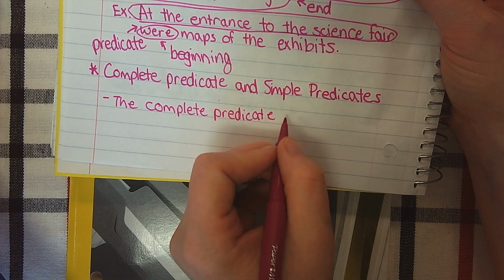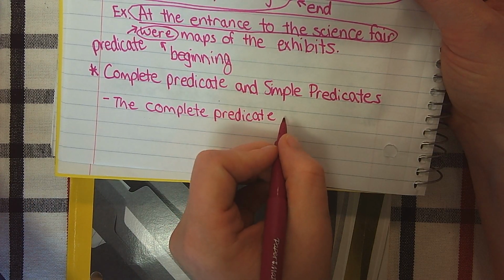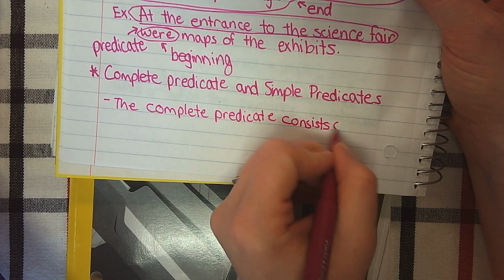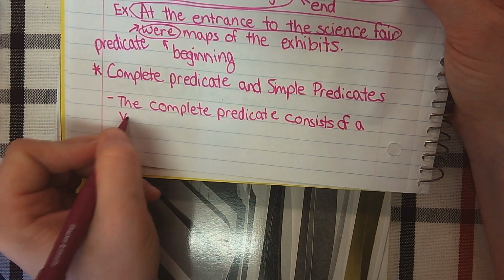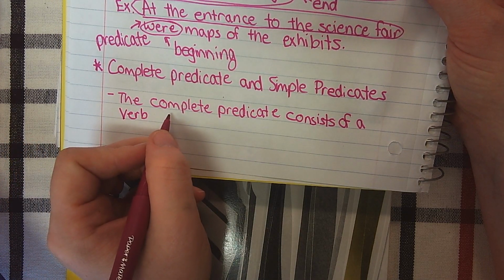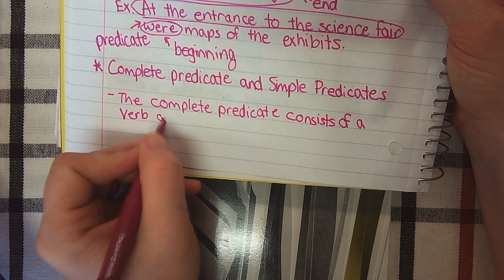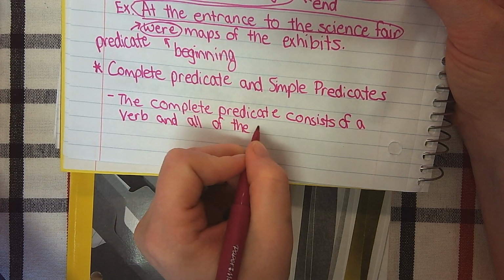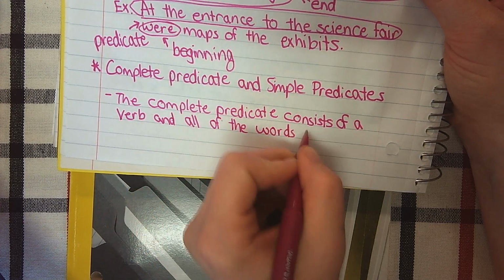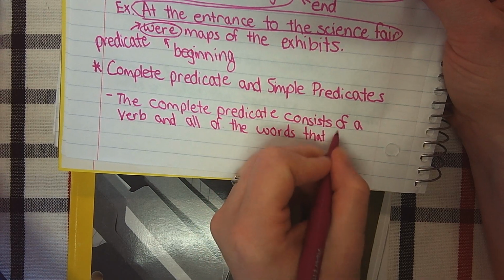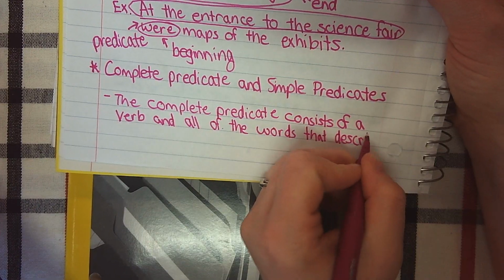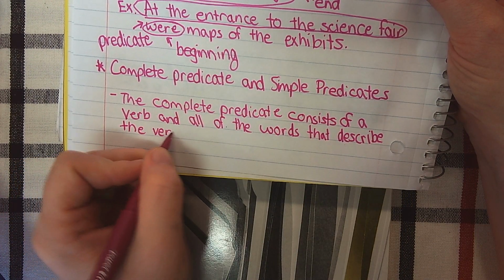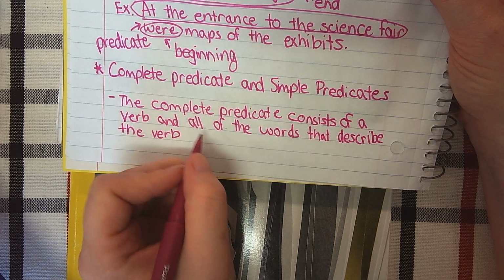So the complete predicate consists of a verb and all the words that describe the verb and complete its meaning.